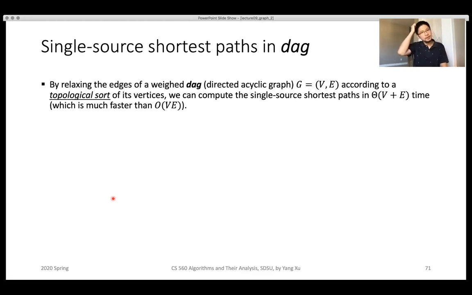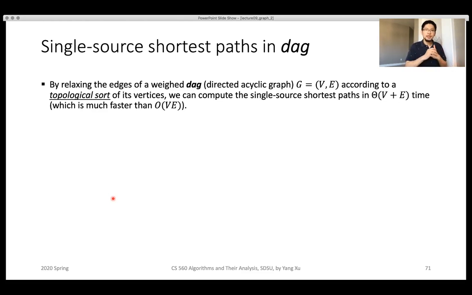A DAG is a directed acyclic graph, so there are no cycles guaranteed in this graph. We can utilize this property. And how do we do that?